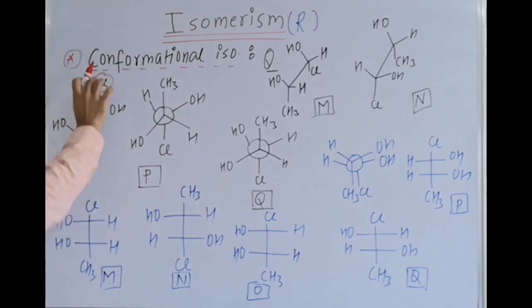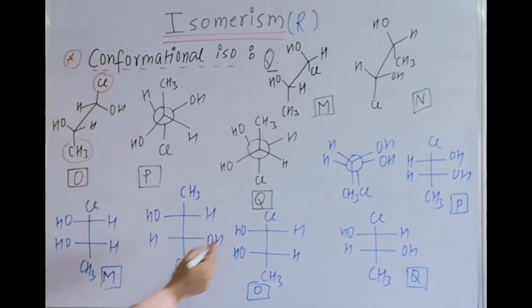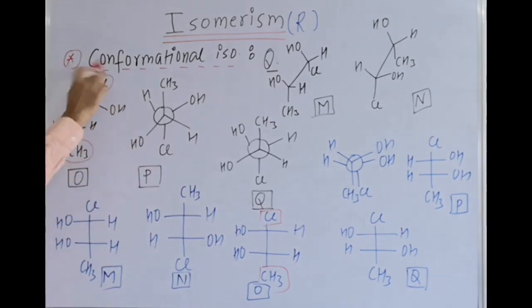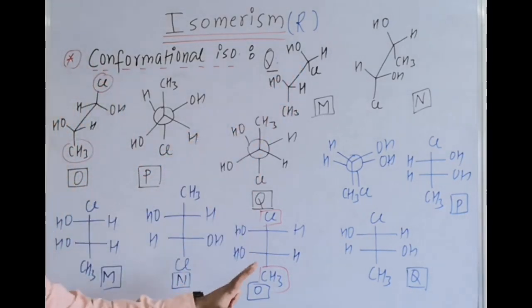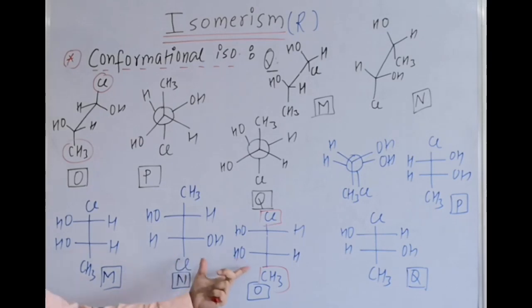So when you rotate this molecule, Cl exactly below, H on the right side, OH on the left, you get Cl and CH3, H on the right, OH on the left, the same representation as this one. So we can say these two structures are identical. M and O are identical.